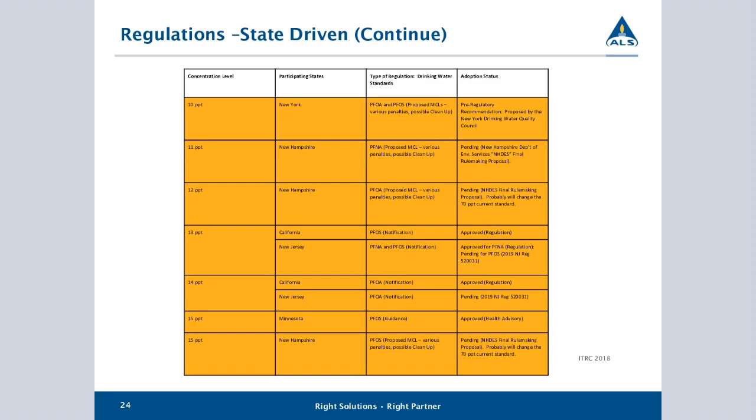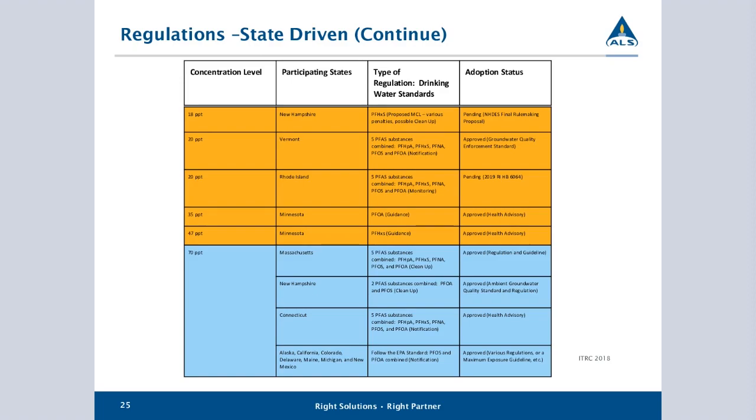So the reason for these slides, and I don't recommend that you try to memorize this as I go through it, or try to follow along, is just wanting to show you that even though the states have come out with regulations, each state has come out with different regulations.